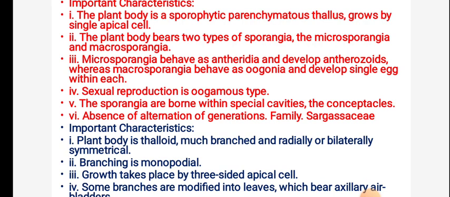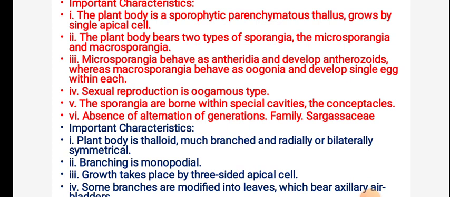Microsporangia behave as antheridia, which develop antherozoids, and macrosporangia behave as oogonia, developing a single egg within each. The sexual reproduction is oogamous type because both are different in shape, size, and structure.